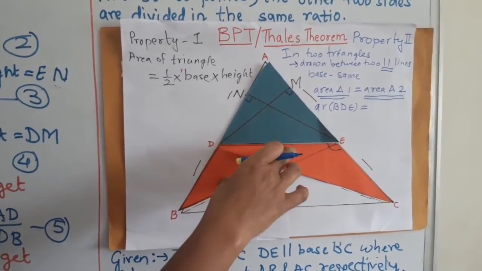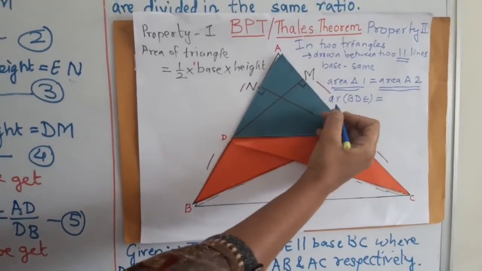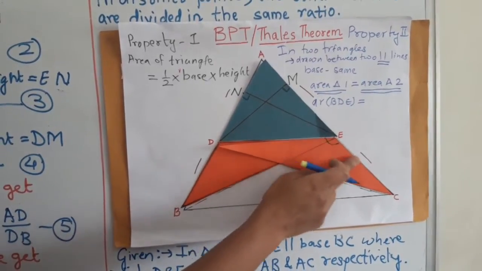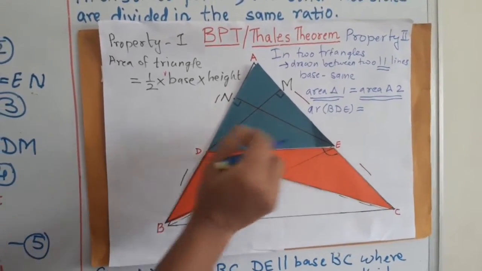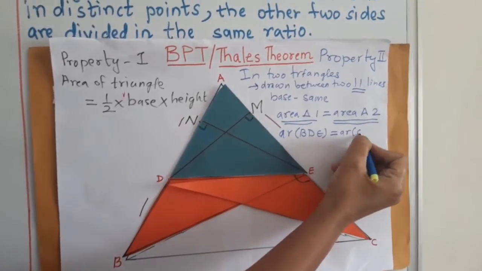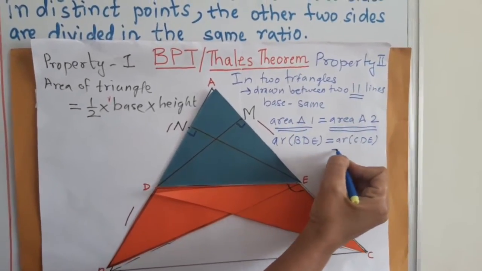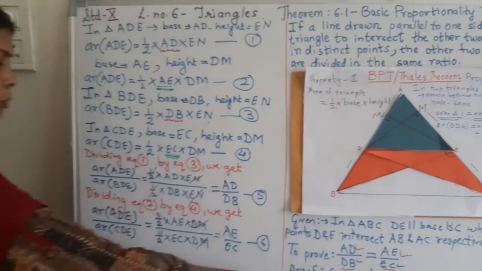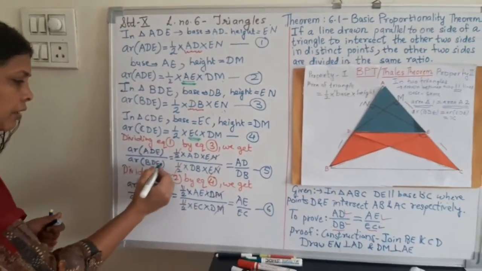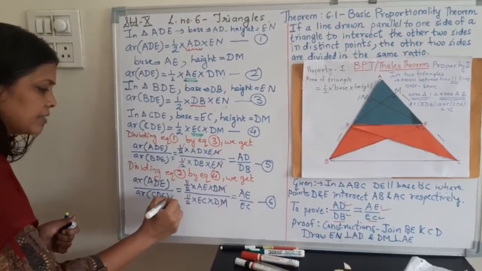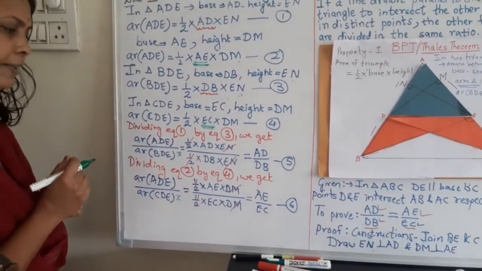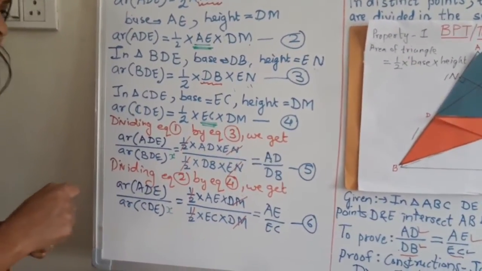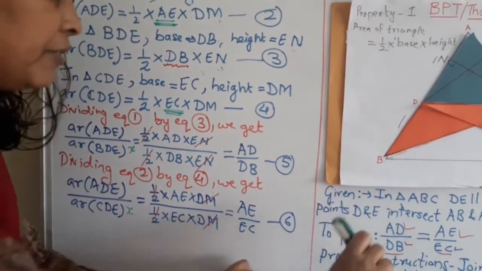So what we can show here is that area of triangle 1, which is area of triangle BDE, is equal to area of triangle CDE. We can say it as X. So if we put X here and X here, then what do we get?